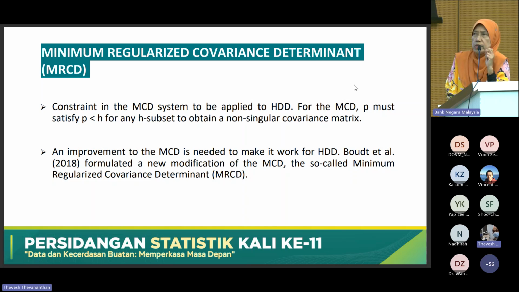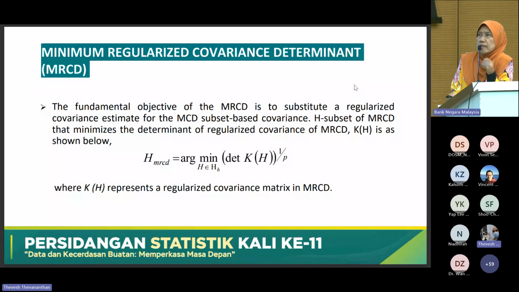So in this situation, an improvement to the MCD is needed to make it work for high dimensional data. We will make use of this MRCD in the formulation of our proposed method of identification of high leverage points. This is the formula to obtain the minimum regularized covariance determinant, where using this method, we will obtain the location and the covariance matrix.